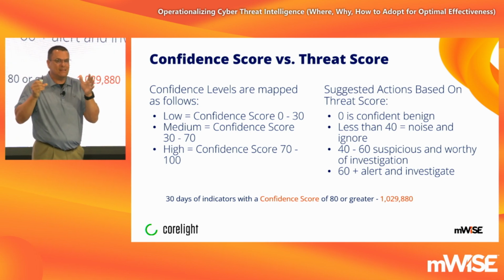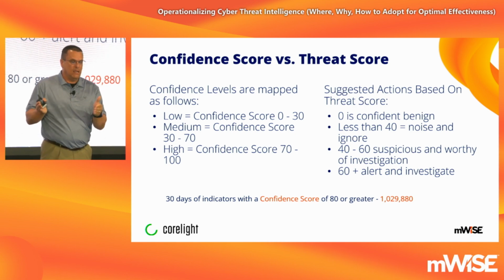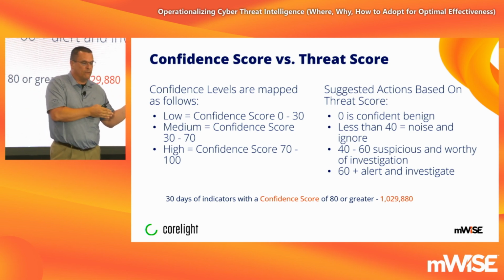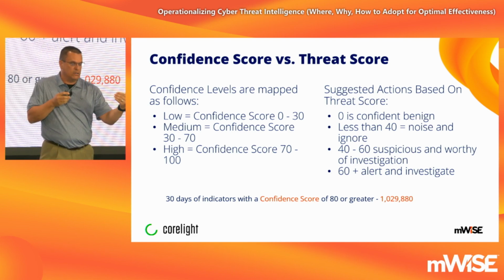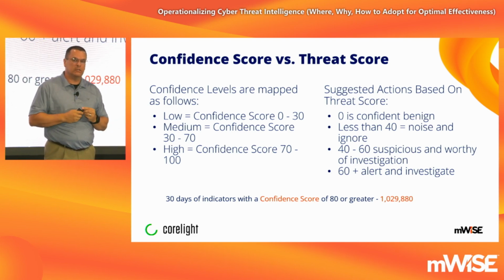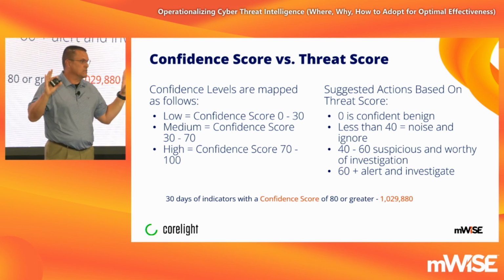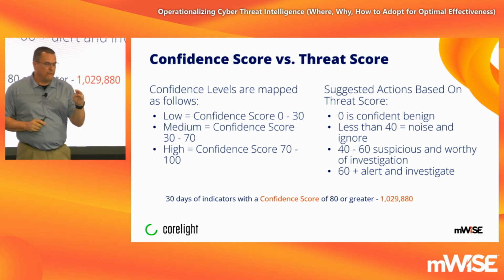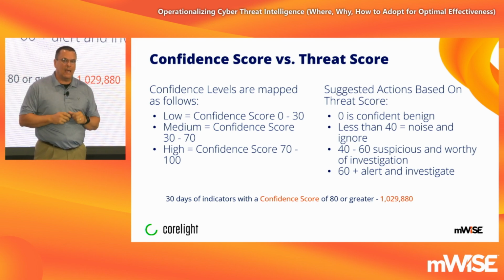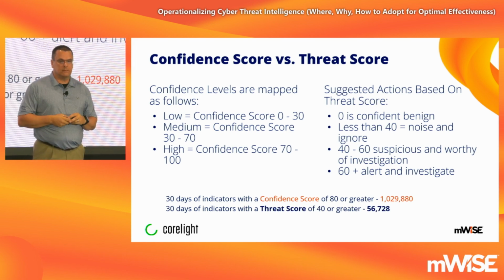If you take the same data set and apply a threat score of 40 or higher, and if you look at the definitions there, 40 or higher is where they're saying, hey, this is suspicious, somebody needs to investigate it. 60 or higher is, hey, this is an alert, stop what you're doing, somebody prioritize an investigation on this. A 40 or higher, the same data set, it's about 56,000 indicators.